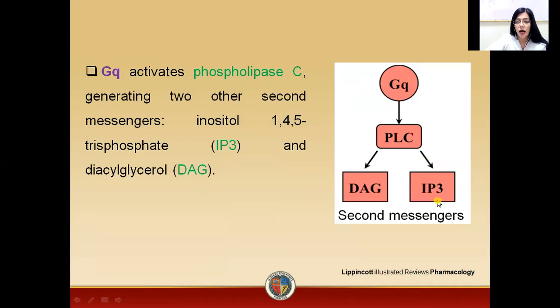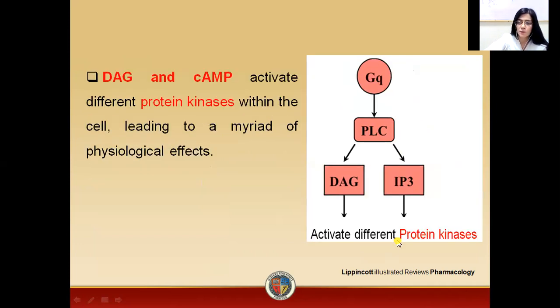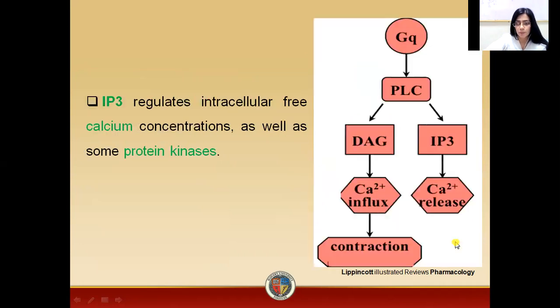First one is IP3, that is inositol 1,4,5 triphosphate, and DAG, that is diacylglycerol. So these two are actually the second messengers. And these two second messengers will result in activation of a protein kinase, that is protein kinase C.